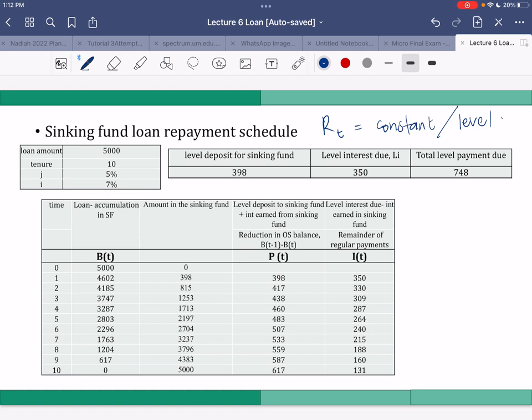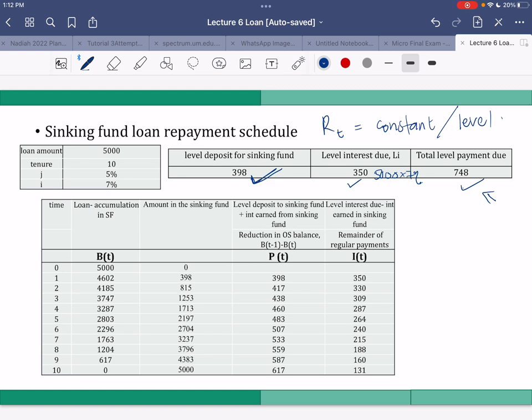Because of that, your deposit to the sinking fund is level every year. The level interest due is L times i, which is 5,000 times i, in this case 7%. So your interest due is fixed, and your total level payment due is 748. Every year for 10 years you will be paying 748 ringgit.